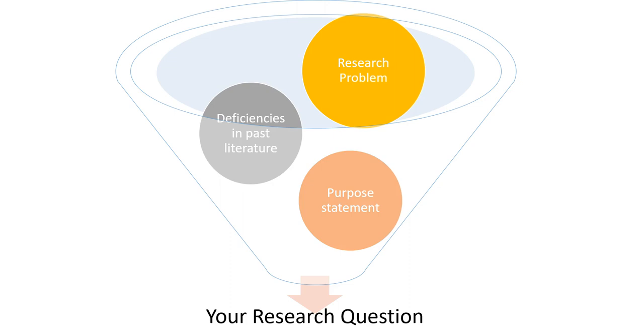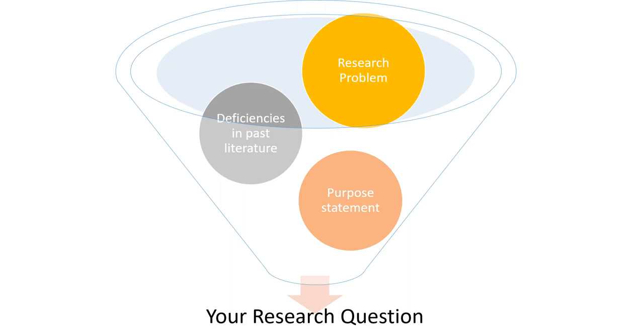But the first component is the research problem, because that's really where we start. The research problem provides us with focus and structure. It's usually fairly broad, and the process that a lot of students go through is to narrow and define and refine the research problem.